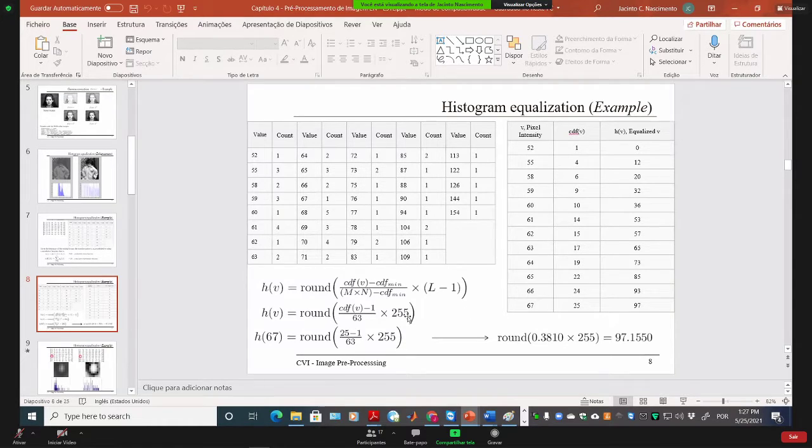So before your calculation of CDF, you must count the occurrences for each of the intensities. So in this case, in this exercise, I want to compute the CDF here, okay? And finally, after the CDF, I'm in conditions to compute the equalized intensity, okay? And this, let's say, you use this formula here. You can consult the formula during the test, I don't care.